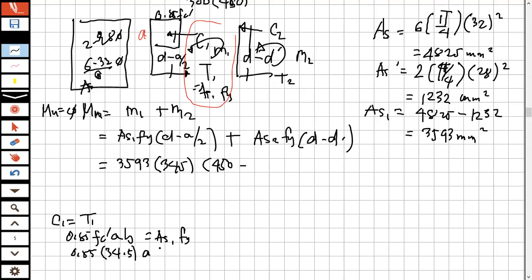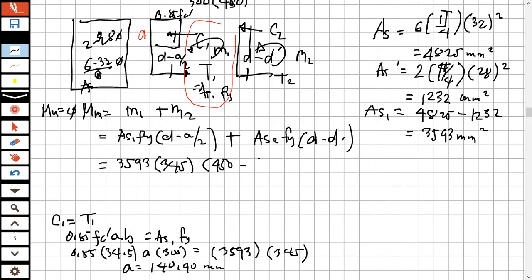Ito yung tinatanong na a. b is already given to be, tama, 300. And then you have A_s1 equals to 3593, and then Fy is 345. So we can calculate a equals to 140.9. Kindly check kung tama.